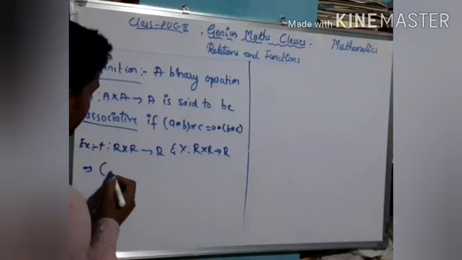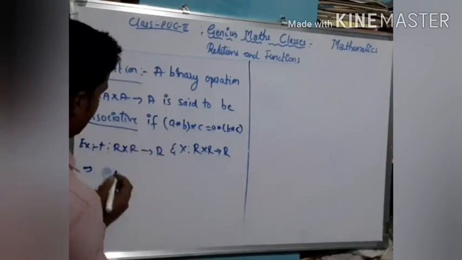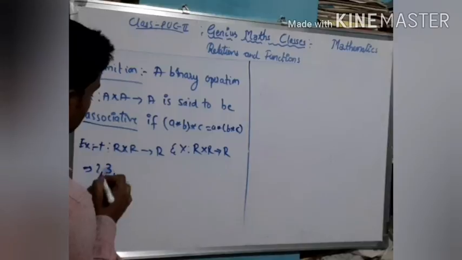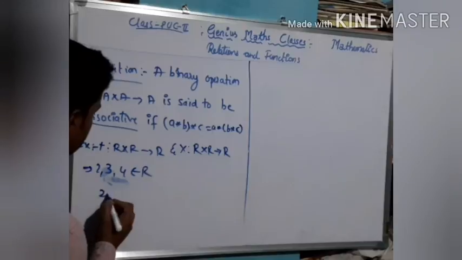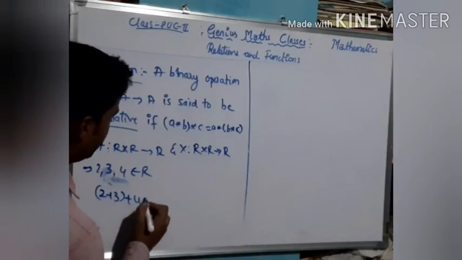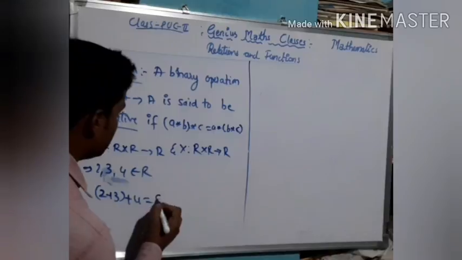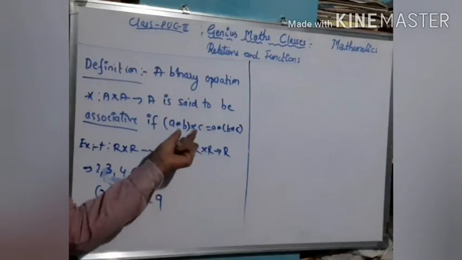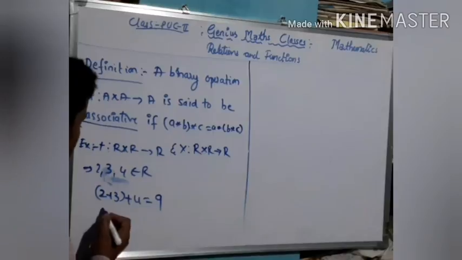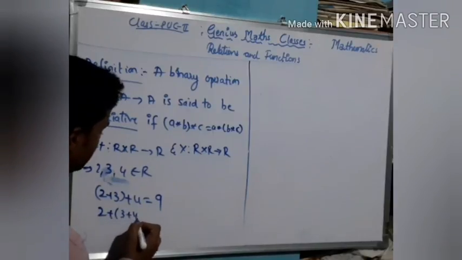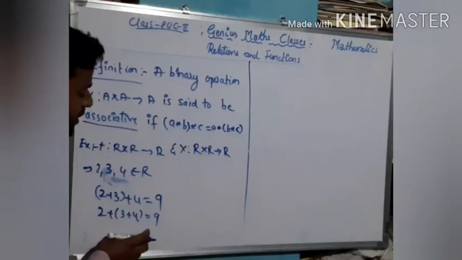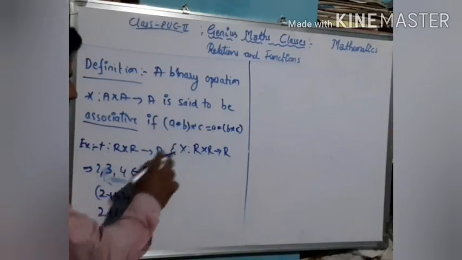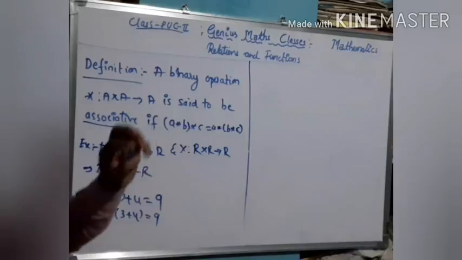Because if you consider any two numbers 2, 3, 4 belonging to R, and the addition operation, then 2 plus 3 plus 4 is equal to 5 plus 4, which is 9. Similarly, 3 plus 4 is 7, plus 2, which is equal to 9. So the associative property also holds for addition and multiplication on the set of real numbers.